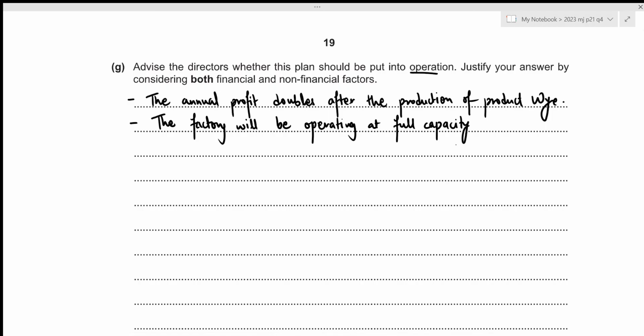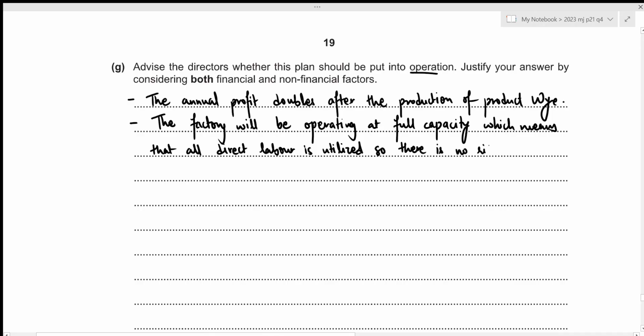So there is no risk of losing skilled labor, which means that all direct labor is utilized. So there is no risk of losing skilled labor.